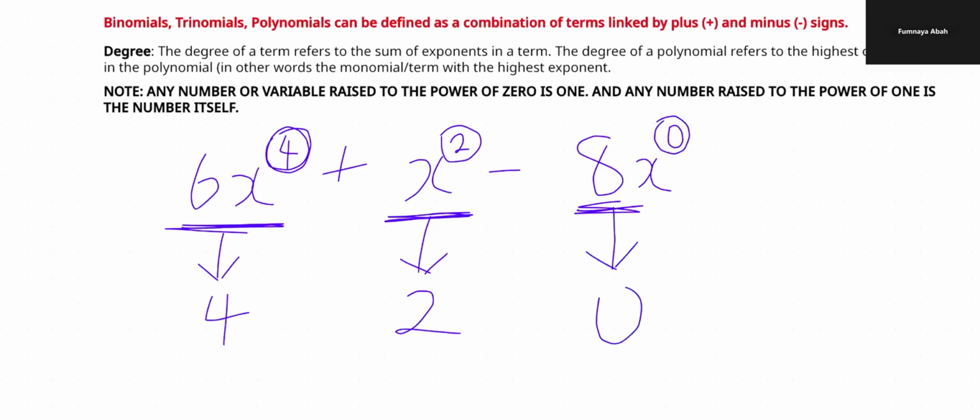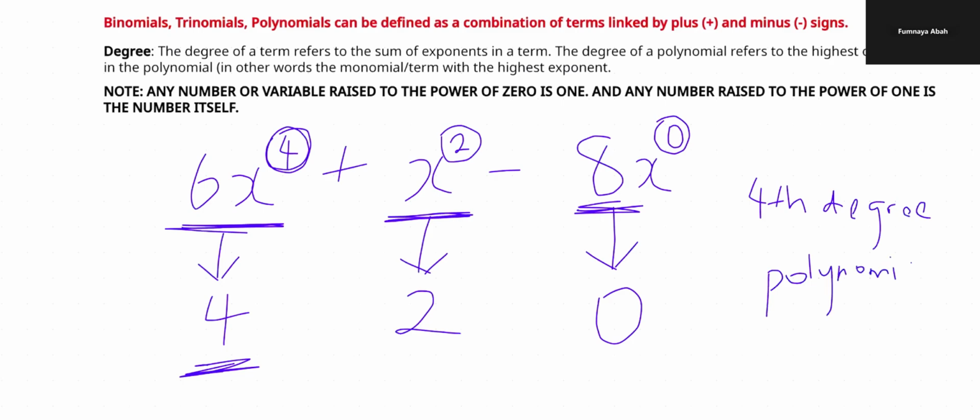So now we have the degrees of all the terms. Looking at this, we know that 4 is the greatest of the three numbers here. So since 4 is the greatest number, that is the degree of the polynomial. So this polynomial is called a fourth degree polynomial, and that's because the highest degree in this polynomial is 4.